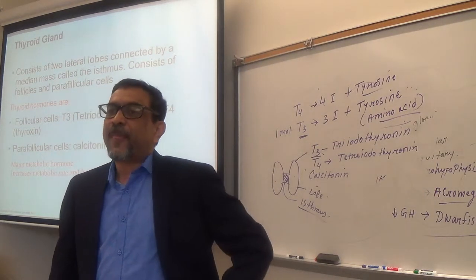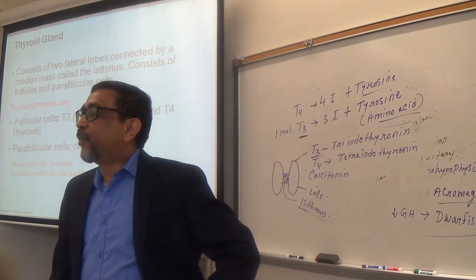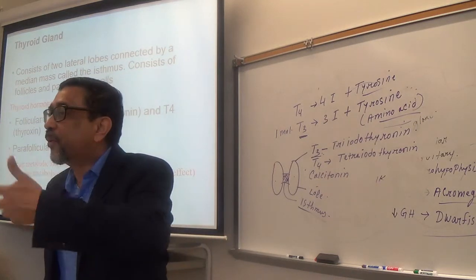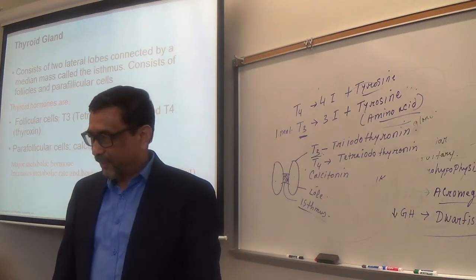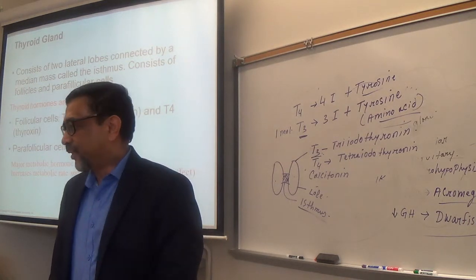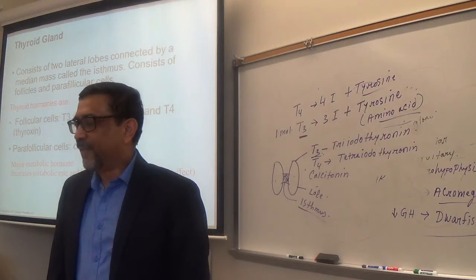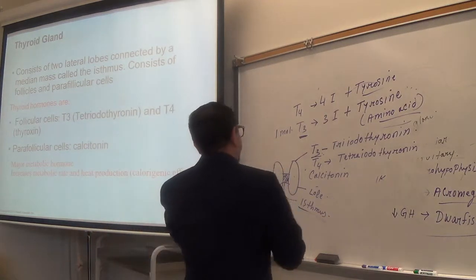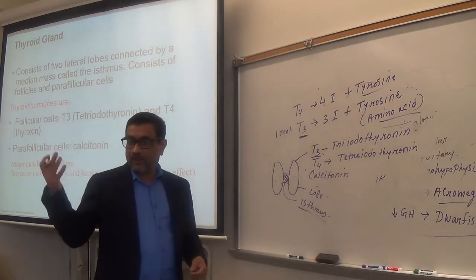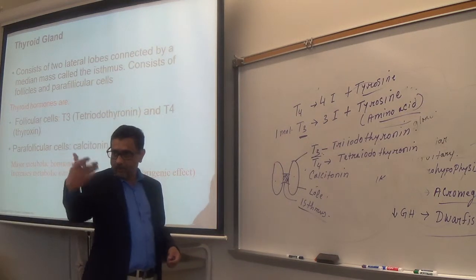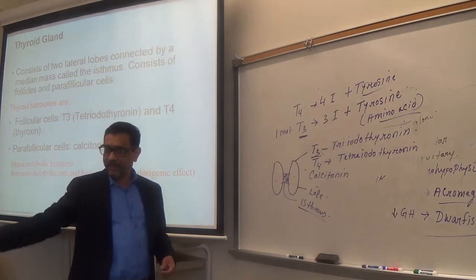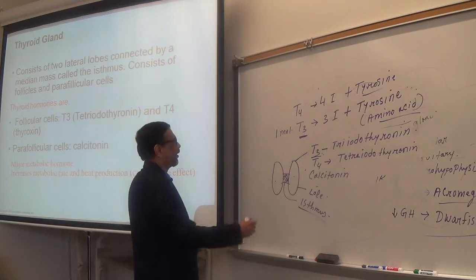Now you tell me, if someone's thyroid gland works more, that should be termed as what? Hyperthyroidism. T3 and T4, so you will hear both hypothyroidism and hyperthyroidism. Okay? More function or overfunction of thyroid, less function of thyroid.